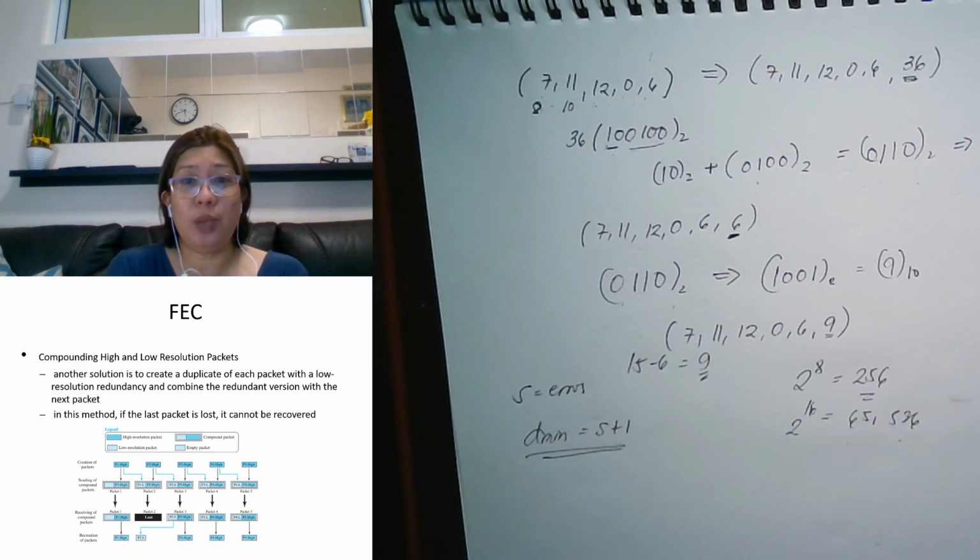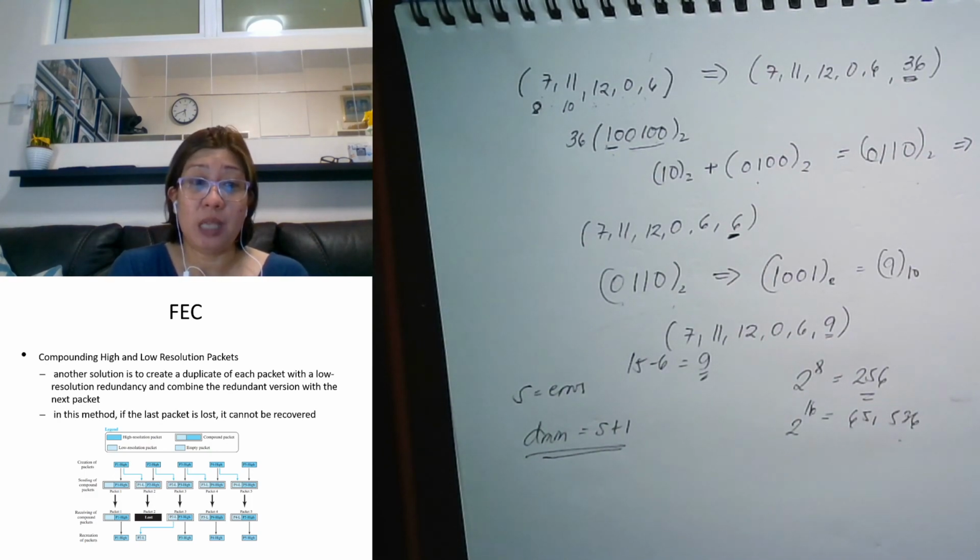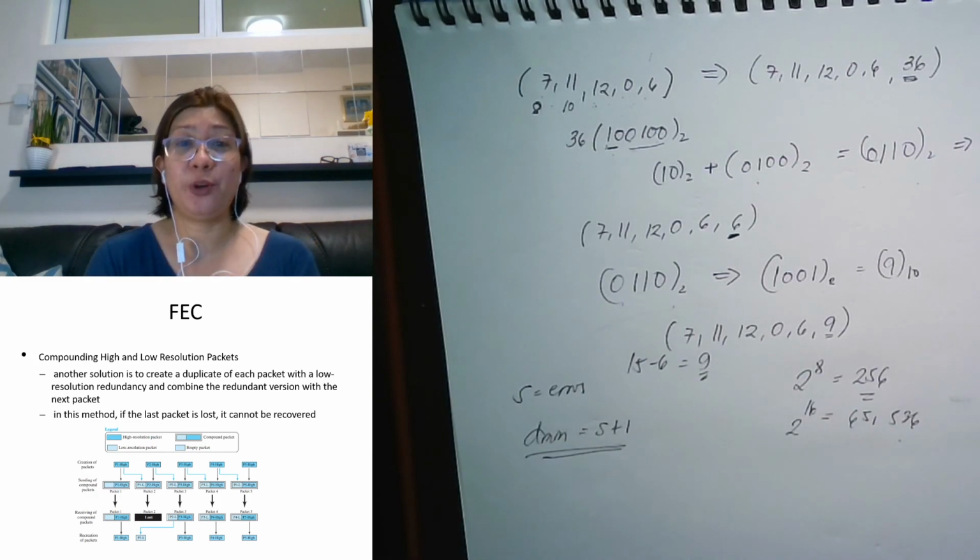So it is okay if we replace one higher resolution packet with a low resolution one once in a while, every time there is a loss, because usually it is not recognizable for audio and video. It is more recognizable if it is lost or corrupted. Those are the different ways for forward error control.